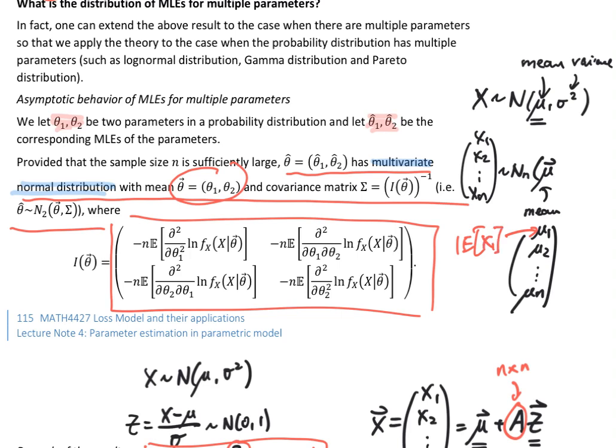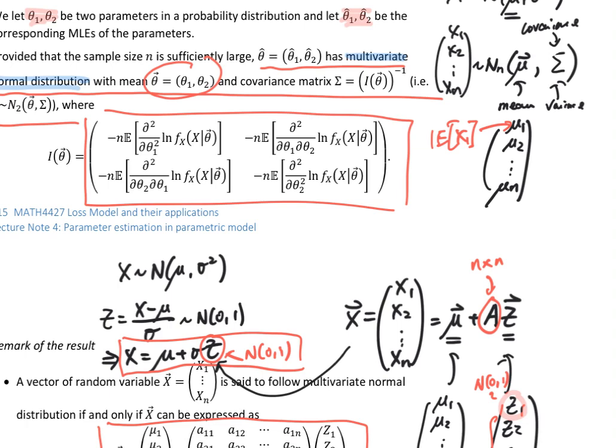Besides that, it also has another parameter which captures the variance. But if you have multiple random variables, to describe the variance we make use of the covariance matrix. Formally, this covariance matrix is defined as something like this. Maybe I erase this.